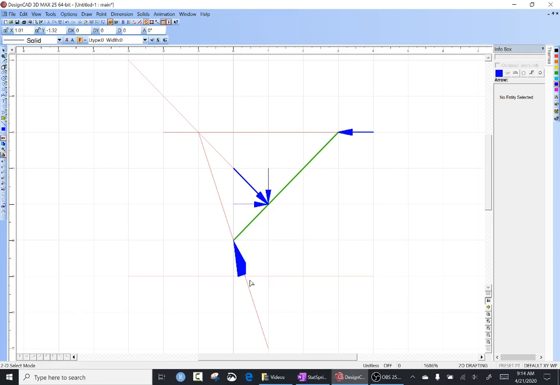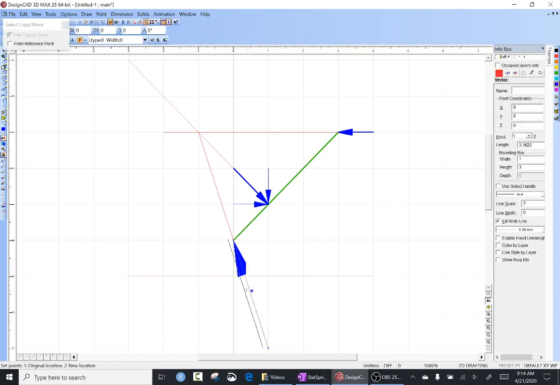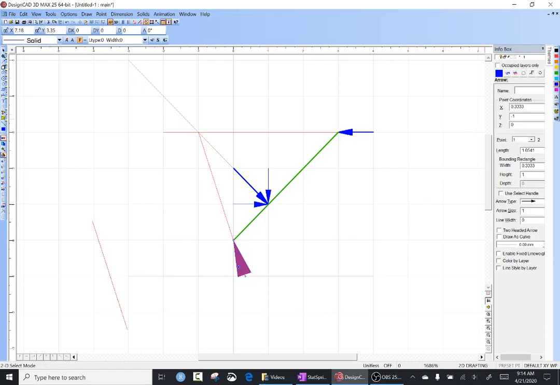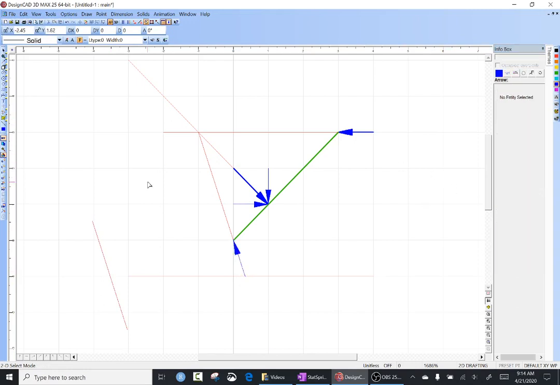Now, what I will attempt to do, I will go ahead and try to move this vector out of the way, or that line out of the way. I will change its arrow size to 0.4 like the rest of them. And what I have here is a vector that is going in this direction.